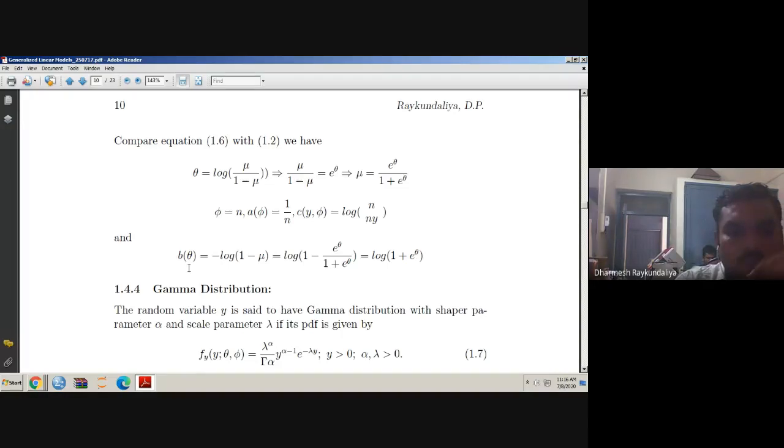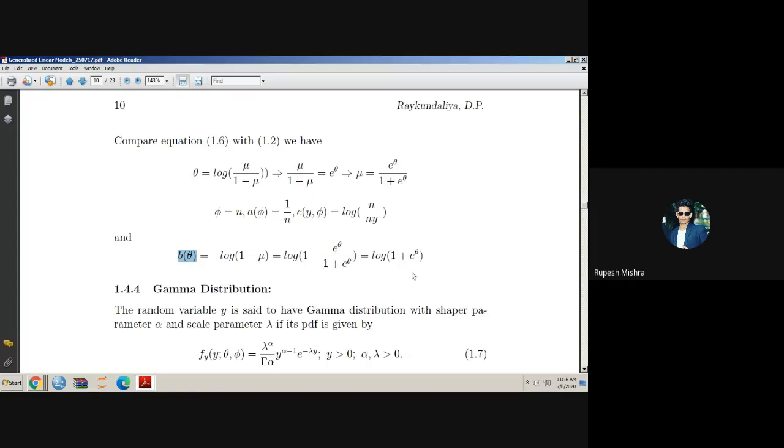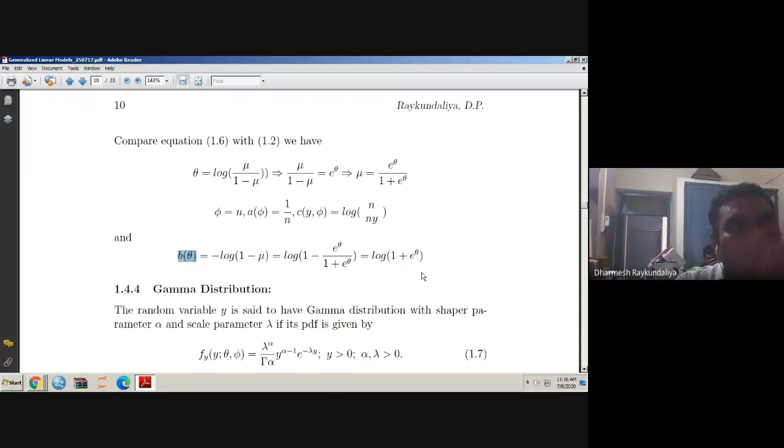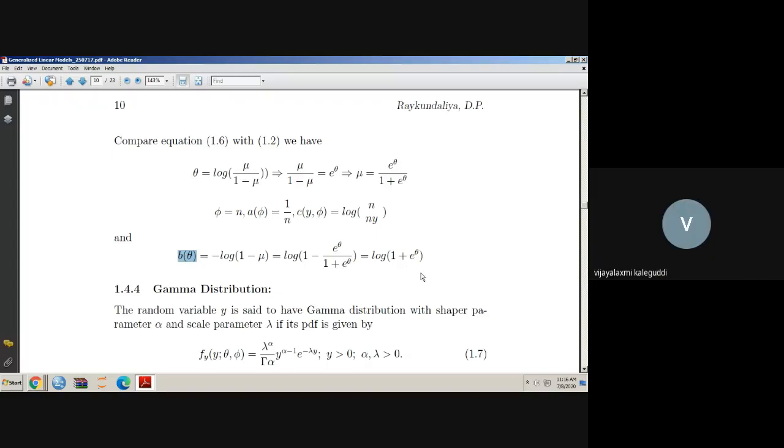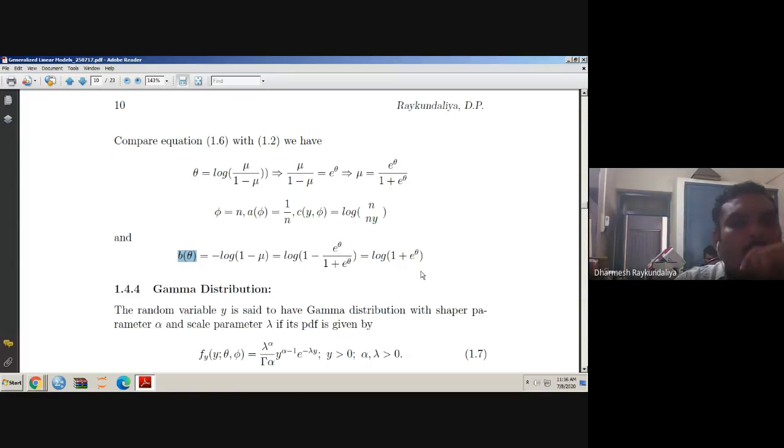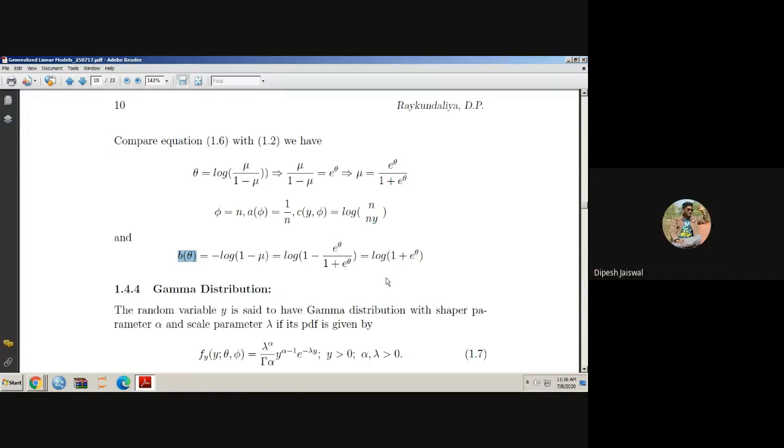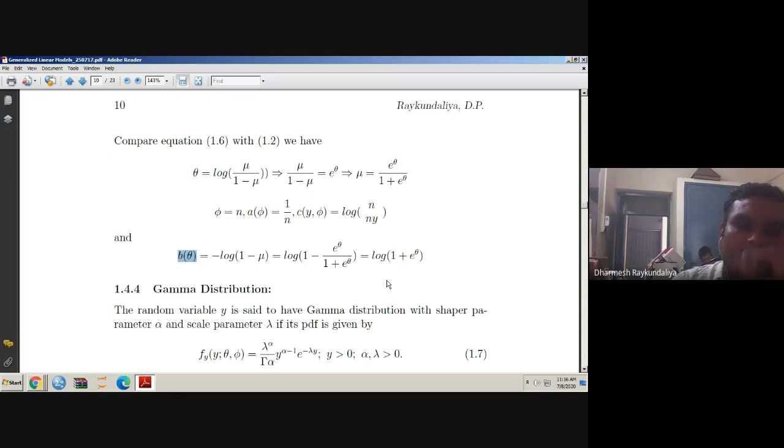So what is the derivative of b theta? 1 upon 1 plus e raised to theta into e raised to theta. That means e raised to theta upon 1 plus e raised to theta. And what about b double dash theta?